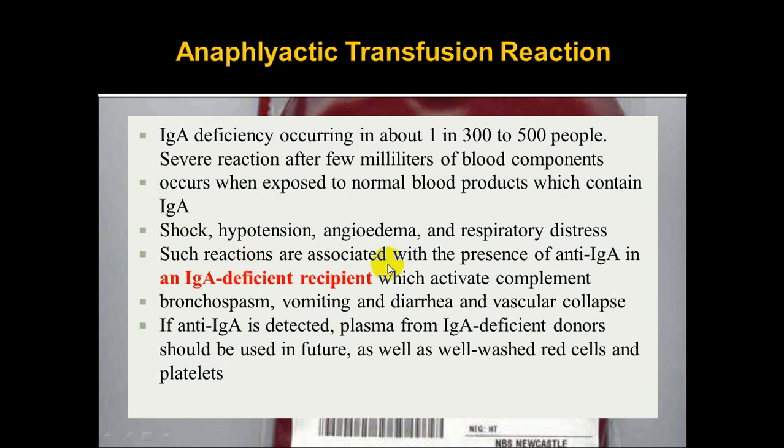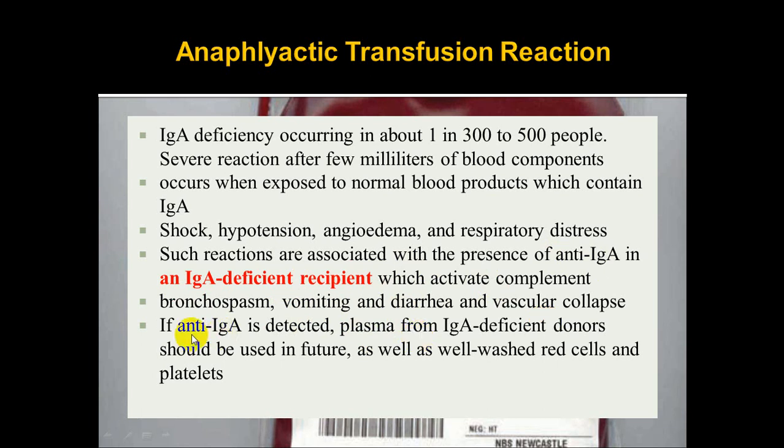Such a reaction is associated with the presence of anti-IgA antibody in the blood of the IgA deficient recipient, which activates the complement system, and there might be bronchospasm, asthma-like chest findings, vomiting, diarrhea, vascular collapse.